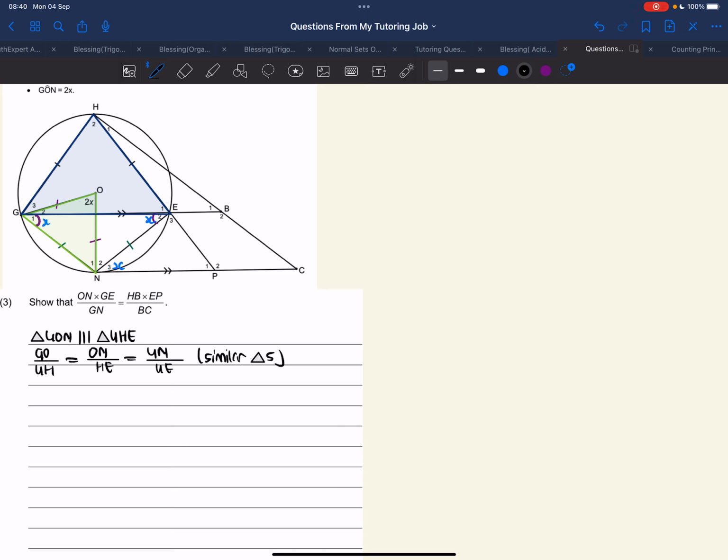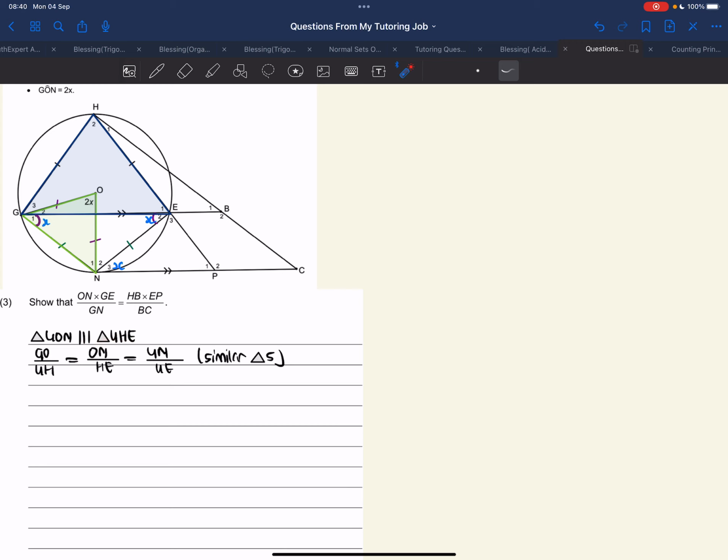Looking at that given equation, can you see that somewhere there must be a GN, a GE, and an ON. So we're not going to need this side here. In these similar triangles, we're going to need that side for now.